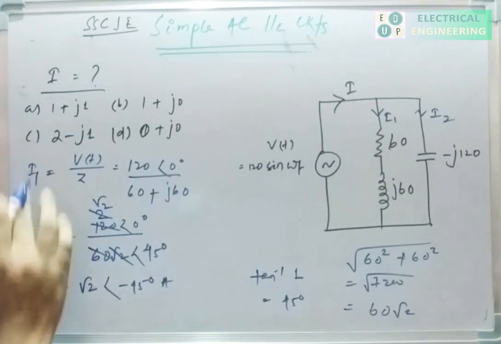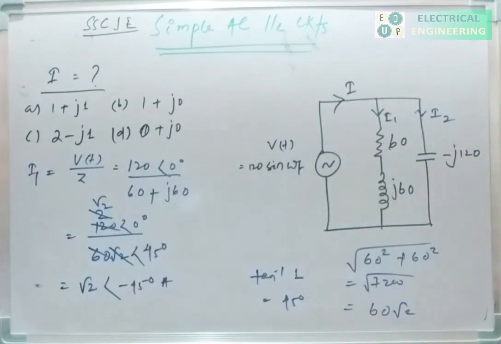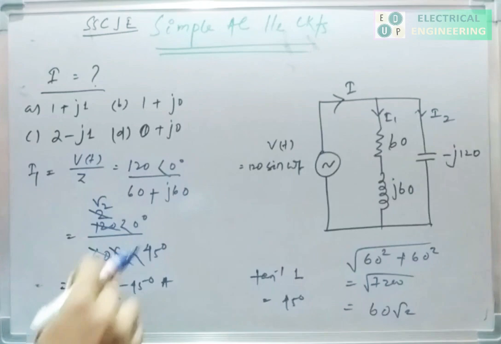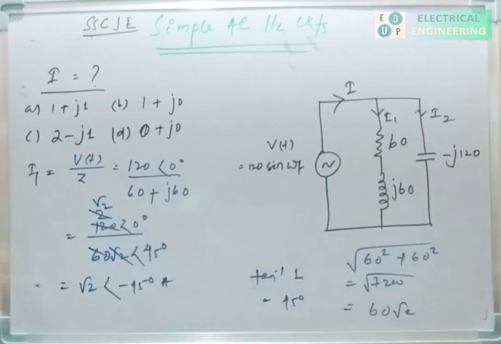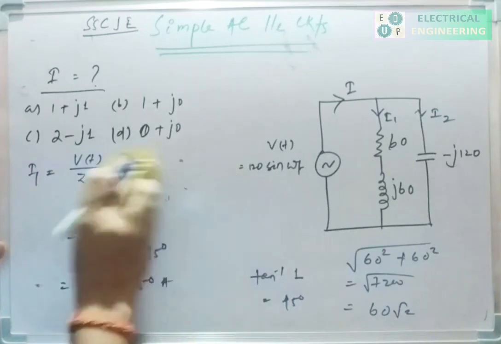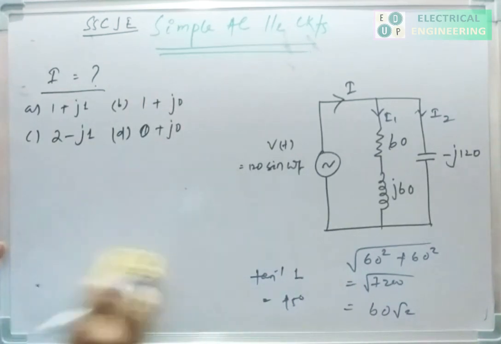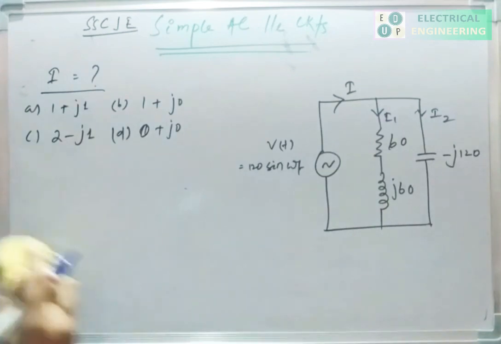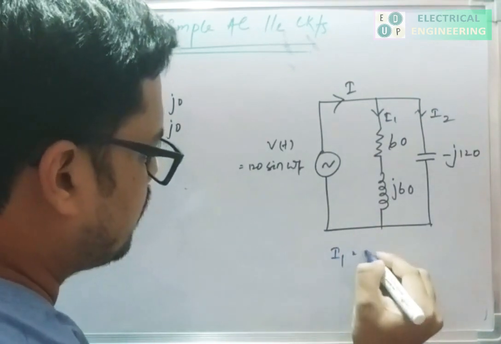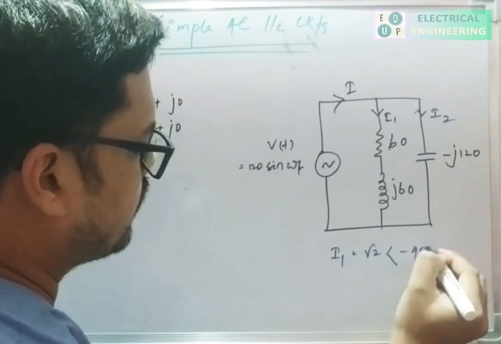This is the current through this branch. We got the first current, that is I1 equals root 2 angle minus 45 degree. I will write it separately so that I can use this current again.